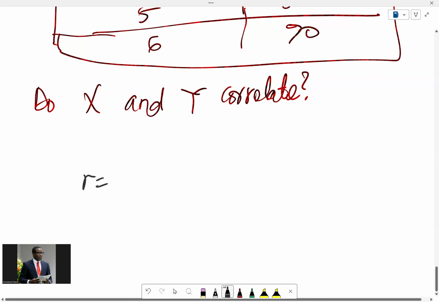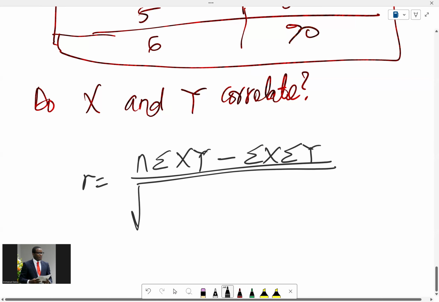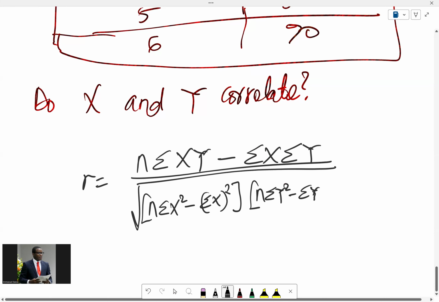R is N summation XY minus summation X multiplied by summation Y, all over the square root of N summation X squared minus summation X all squared in one bracket, then the same thing for Y, N summation Y squared minus summation Y all squared.